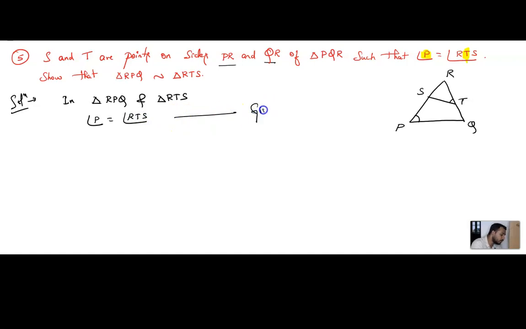So this is given. See the figure, children. You see triangle RPQ, the full triangle, and triangle RTS, the small triangle. For both the triangles, angle R is equal to angle R. Yes or no? That's nothing but a common angle.